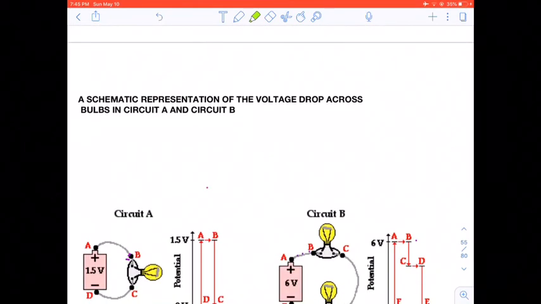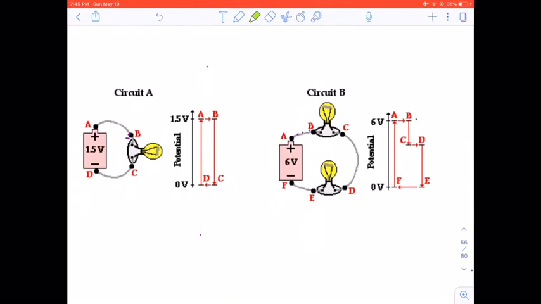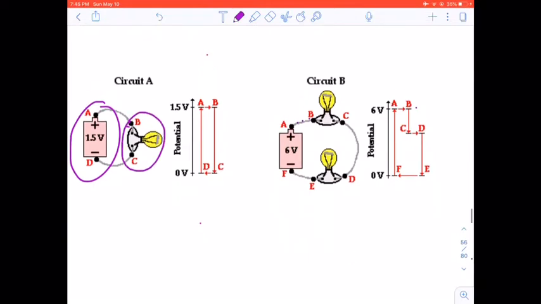Let's look at the schematic representation of a voltage drop across bulbs in circuit A and circuit B. So let's say, for instance, here you got circuit A, and this particular battery has a voltage of 1.5 volts, and you got a bulb across there.